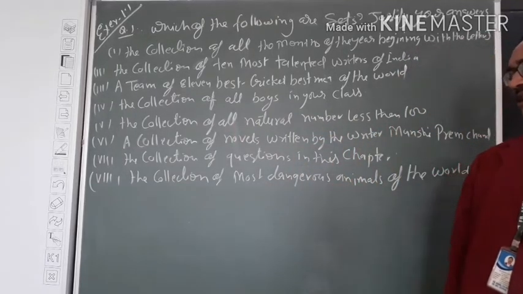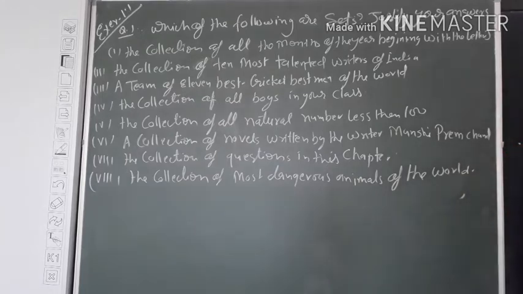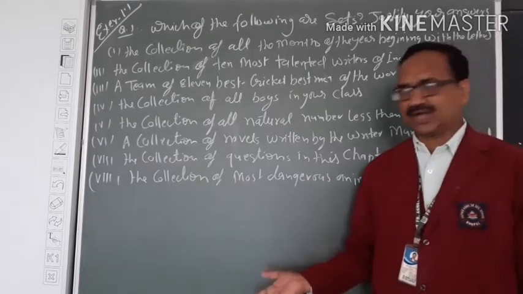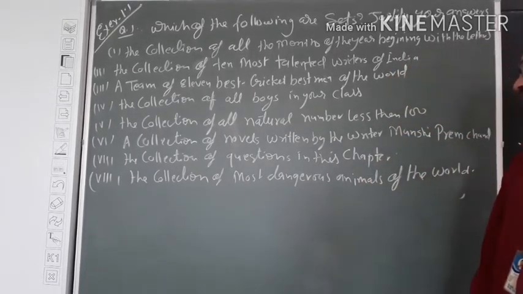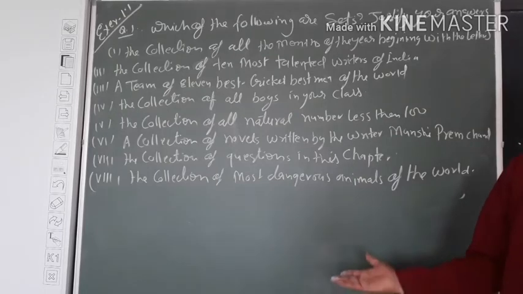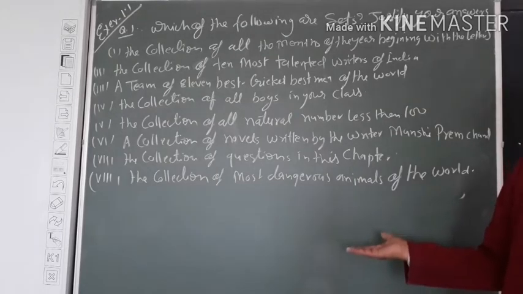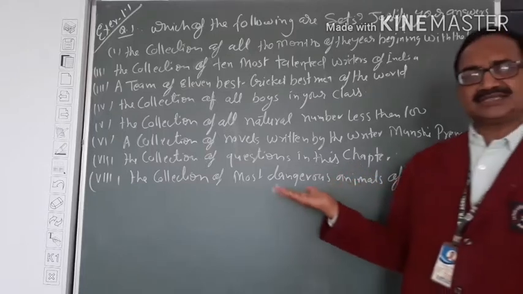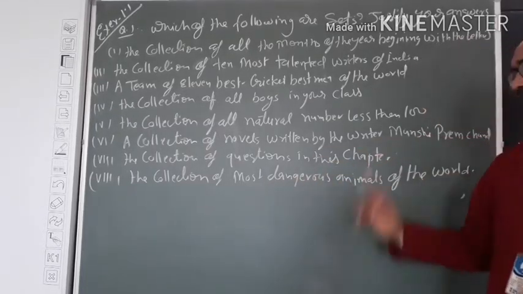This is also well defined. The collection of novels written by the writer Munshi Premchand is also well defined. The collection of questions in this chapter is also well defined, because everybody takes the book and the same questions are there.